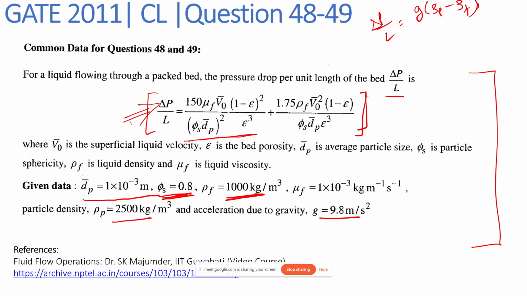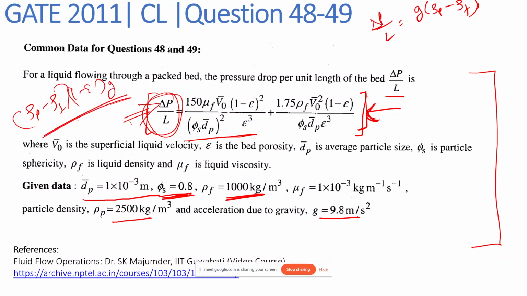So we can calculate the minimum fluidization velocity by using this equation. So what we can do is we can equate this term to the incipient fluidization term, the pressure drop at incipient fluidization, that is rho P minus rho F, 1 minus epsilon, into g.